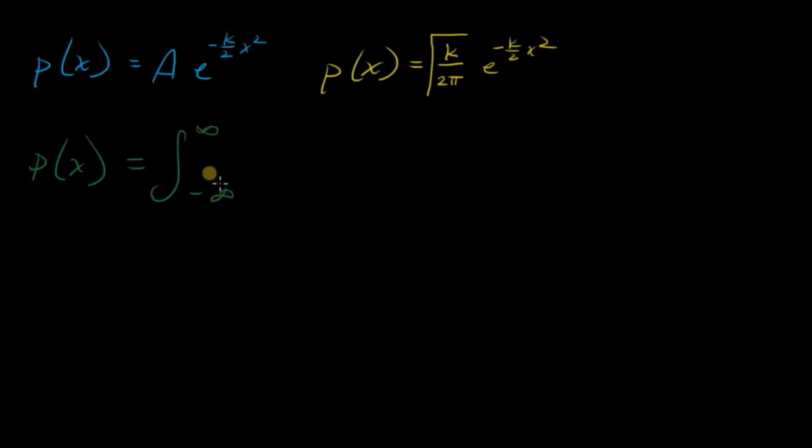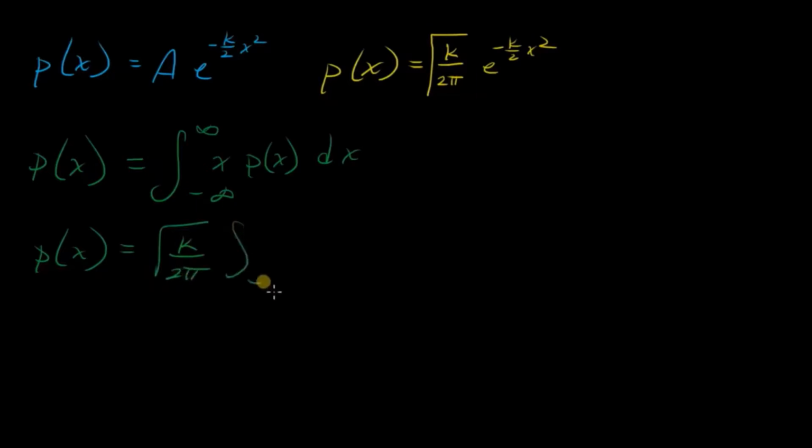Well, we're doing an integral because this is continuous, but we know that we would be summing up all of the x's, all the possible x's times the probability of them happening. And so in this case, we would have this, and we could go ahead and do this, and you would see that the mean is 0.